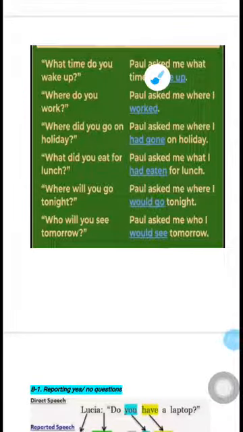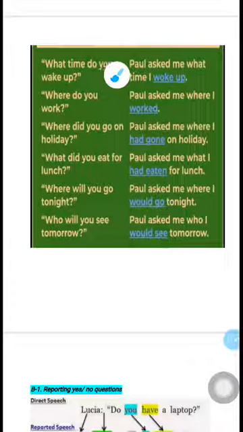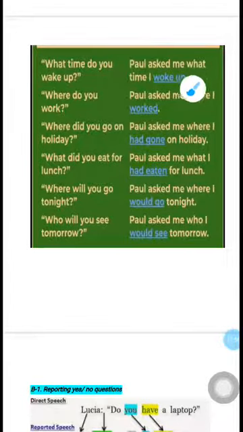When reporting a WH question there is no auxiliary or inversion, no auxiliary plus subject plus verb. And there is no question mark.